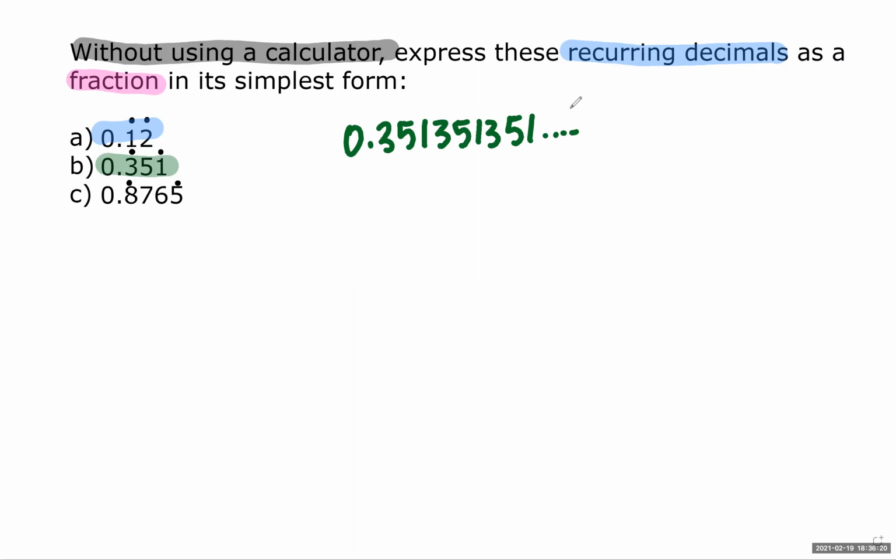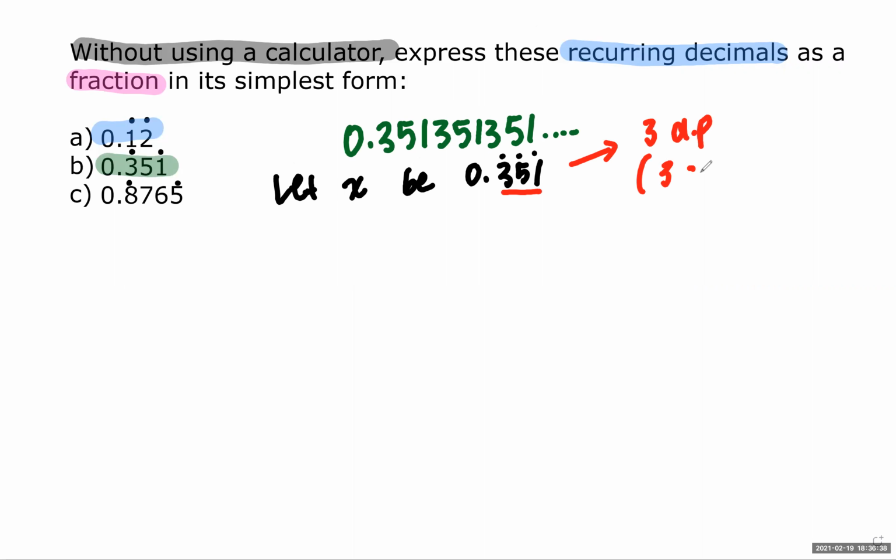The same thing as this, now I will let x be 0.351 recurring. We can use the same trick as just now. Can you see here it is 3 decimal places? So it means that we need to introduce 3 zeros. Because of that, I know that 1x is actually equal to 0.351 recurring, correct?